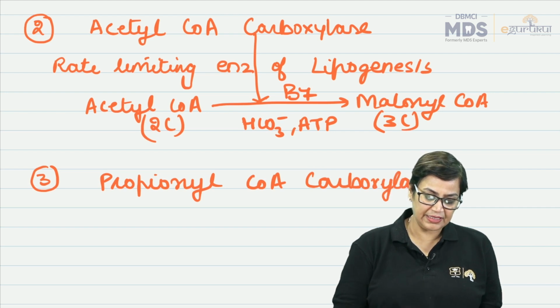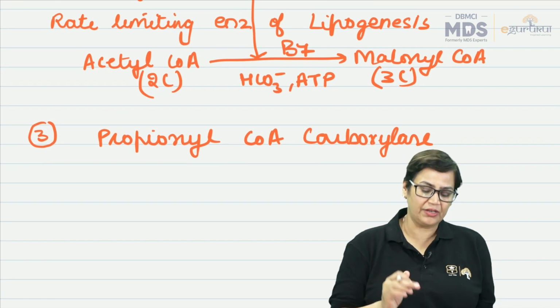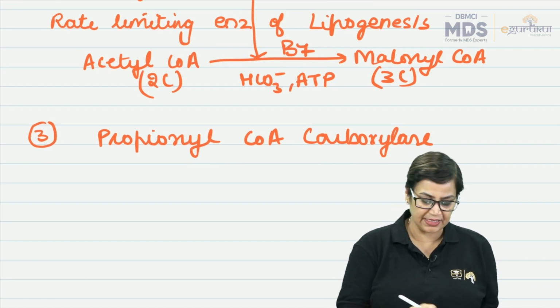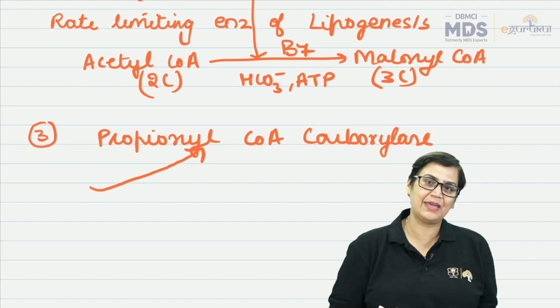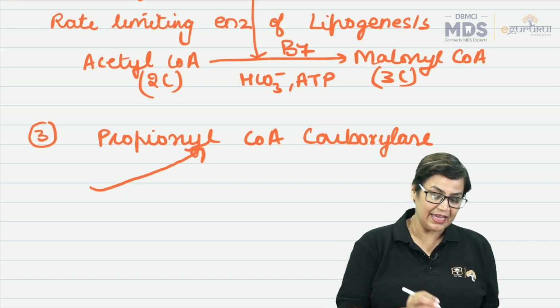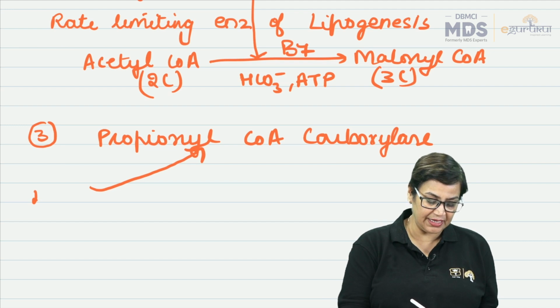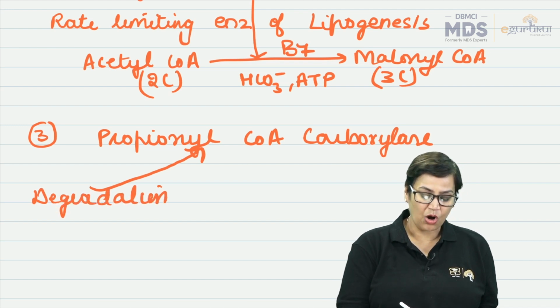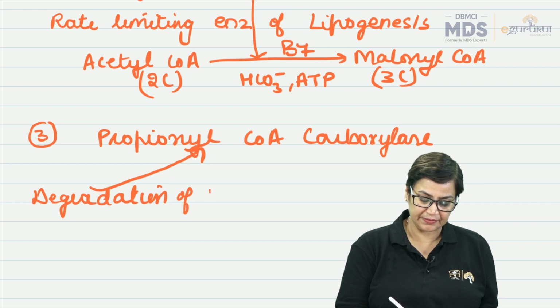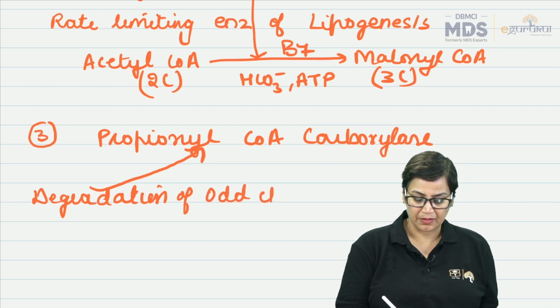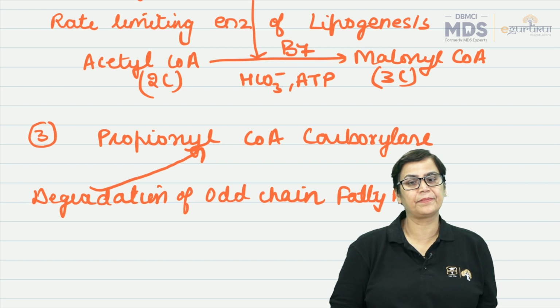ठीक है, this is one of the most important reactions of gluconeogenesis, क्योंकि ये जो propionyl coenzyme A है ये कहाँ से आ रहा है? It is coming from the degradation of odd chain fatty acids.